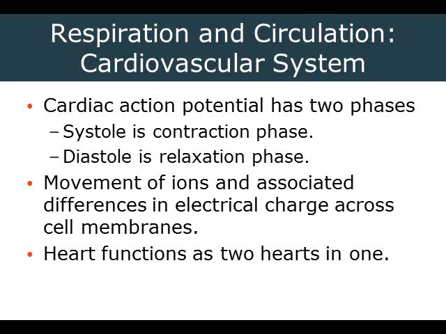But the action potential has two phases. It has a systole phase, which is contraction, and a diastole phase, which is the relaxation phase. So if you've ever wondered where systolic and diastolic came from, here it is. Systole is the heart at work, and diastole, the heart at rest. And we know that this happens 60 to 100 times a minute in most cases.